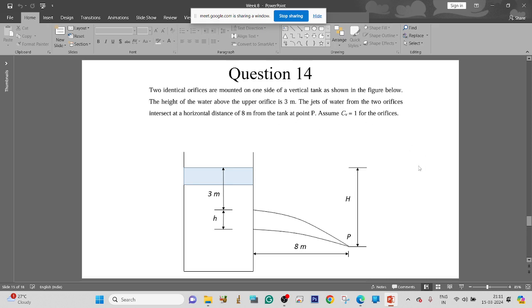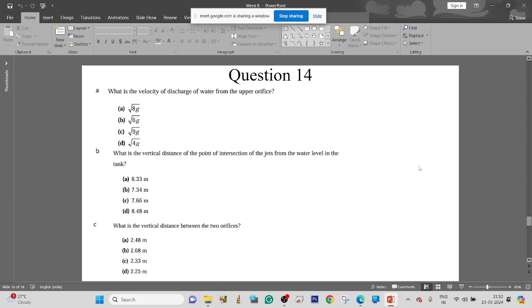CV is given as 1 for the orifices. What is the velocity of the discharge of water from the upper orifice, the vertical distance of the point of intersection of the jets from the water level in the tank, and the vertical distance between the two orifices? It's very easy, like you have already solved this kind of question, so I'll give you 2 minutes to solve this and then we'll proceed with the solution.